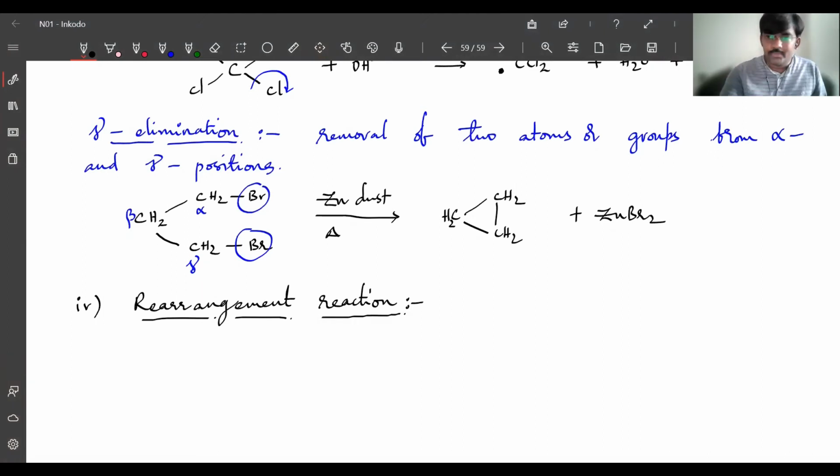And we'll see some of the reactions here. These reactions involve migration of an atom or group.